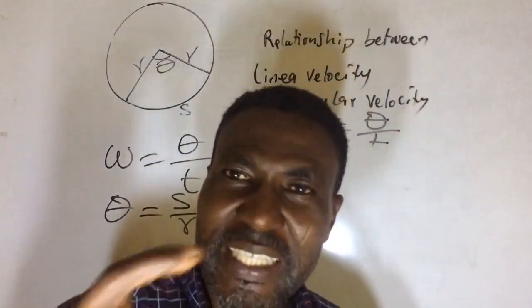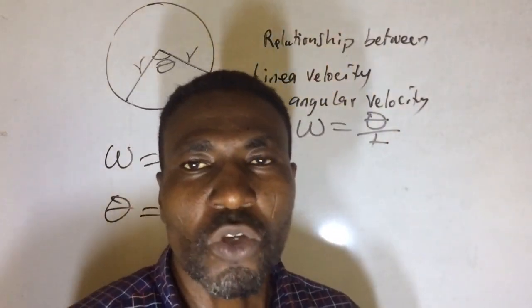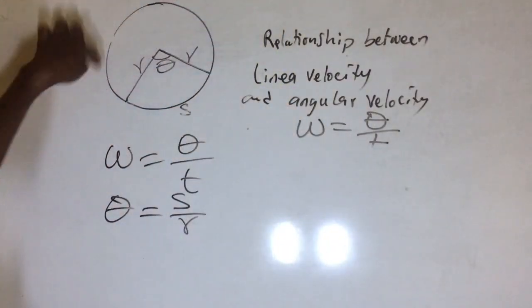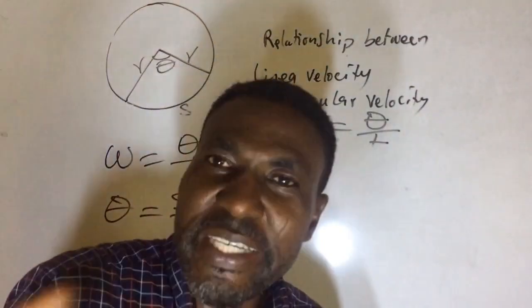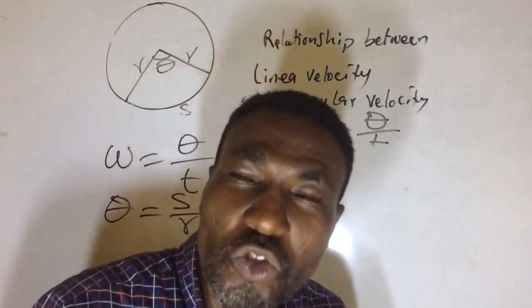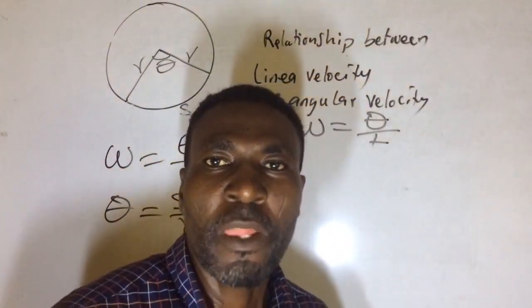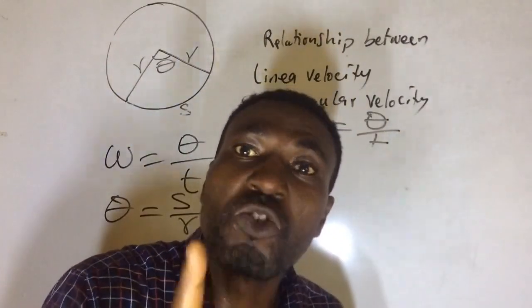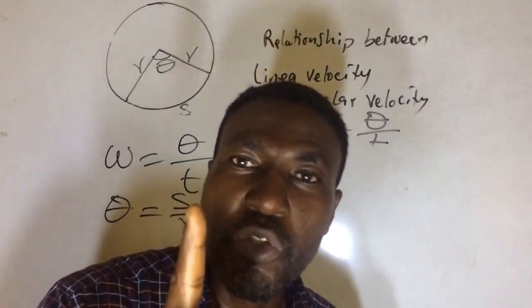So we measure this angle turned through in radians. If this body completes one circle, it has turned through 360 degrees. But in radians, we say that it has turned through a complete 2 pi radians. In radians, it is 2 pi radians.